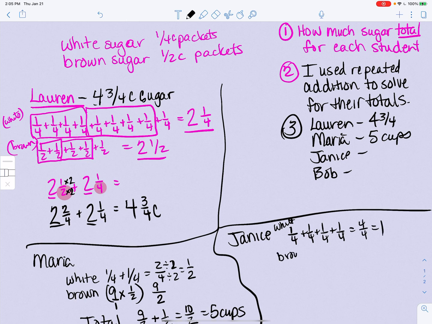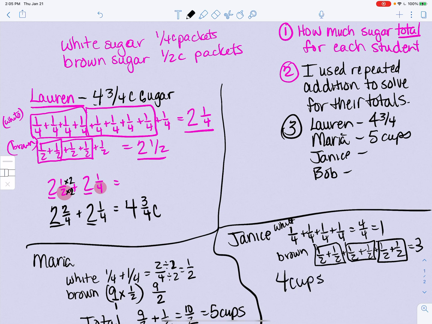Her brown sugar is 6 packets, so it's 1/2 plus 1/2 plus 1/2 plus 1/2 plus 1/2 plus 1/2. If you want to do this, that makes a whole, makes a whole, makes a whole. So she gets 3. So Janice has 4 cups of sugar total.